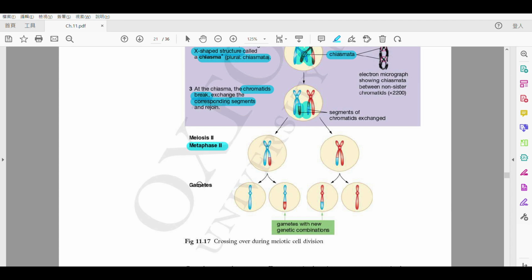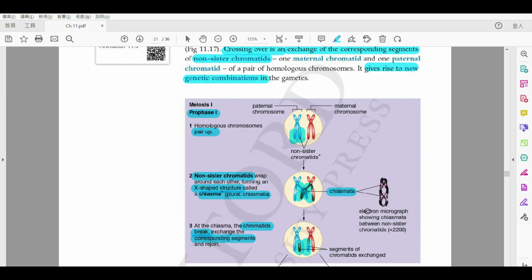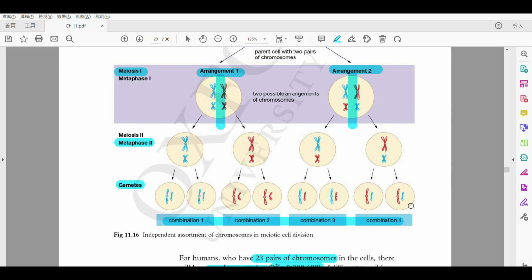In this case it gets even crazier. As you can see, with metaphase, they actually form many new genetic combinations. If we mix both crossing over and independent assortment together, look back here: there will actually be more than 4 combinations. There may be 8 combinations already if there is crossing over.